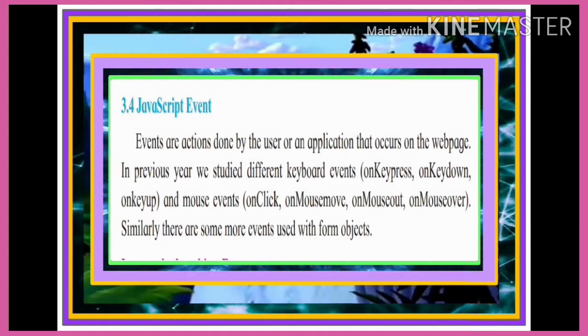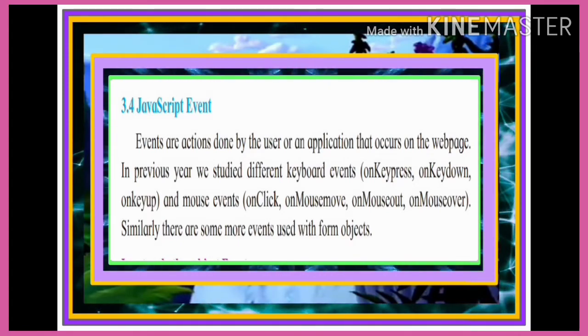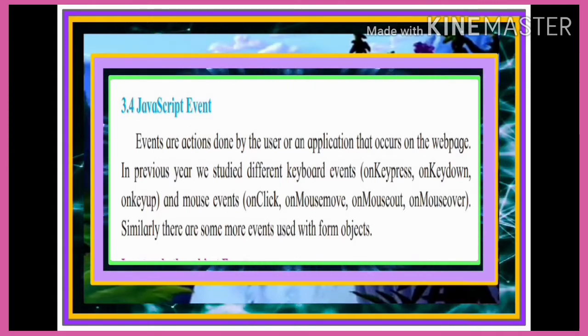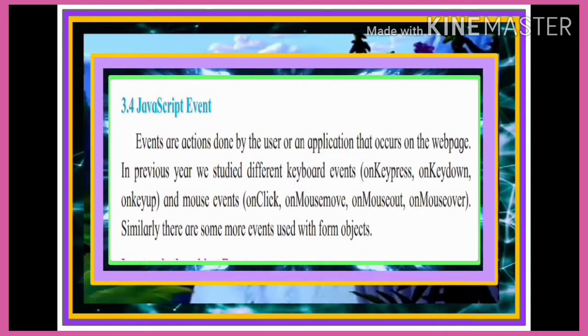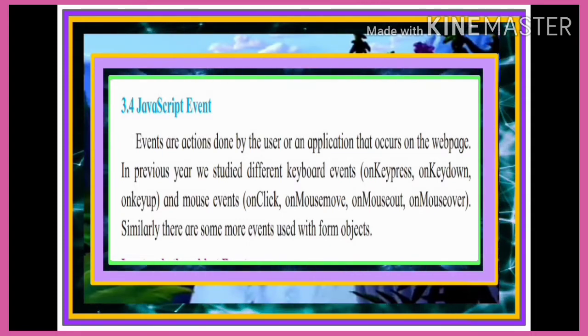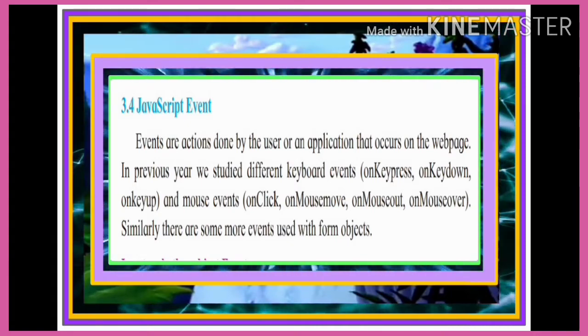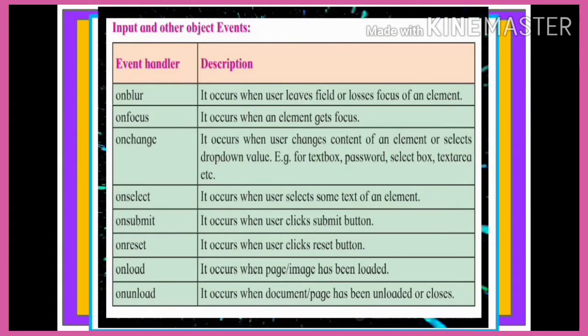In previous year, we studied different keyboard events like onkeypress, onkeydown, onkeyup, and mouse events also like onclick, onmousemove, onmouseout, onmouseover, etc. Similarly, there are some more events used with form objects. The table shows the event name and description.